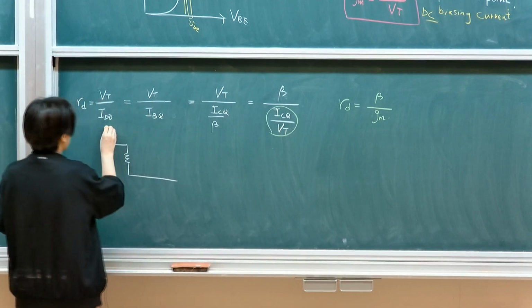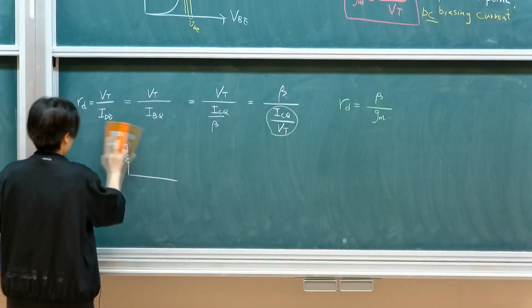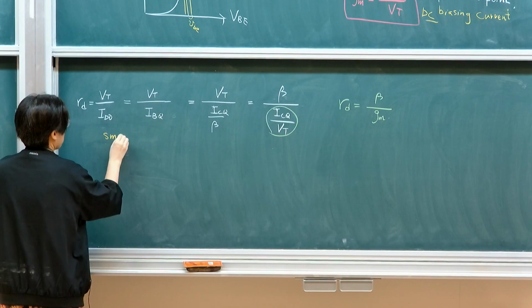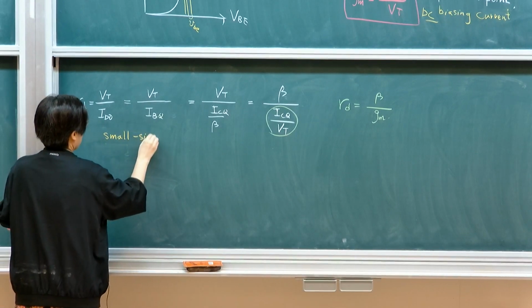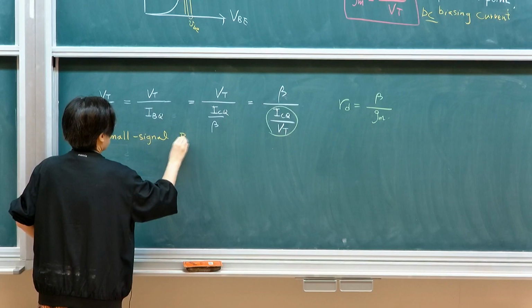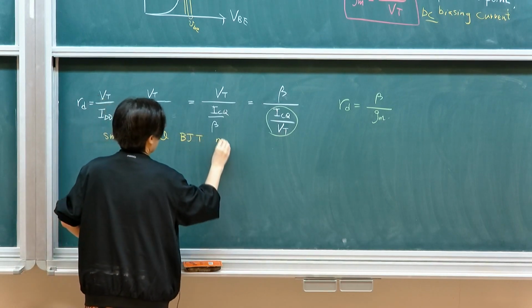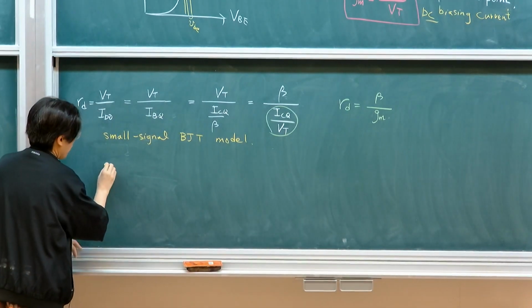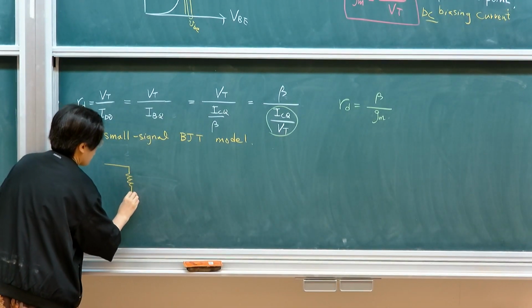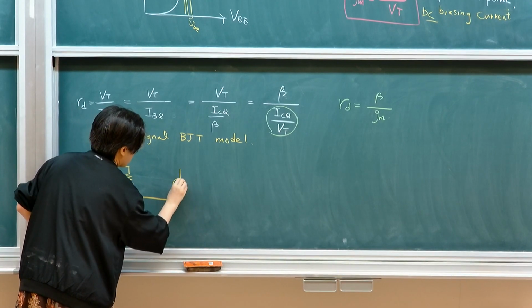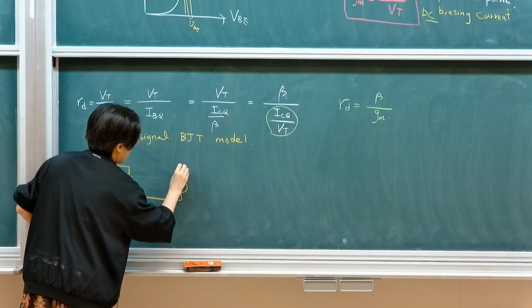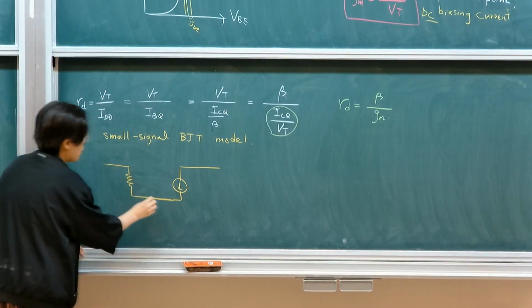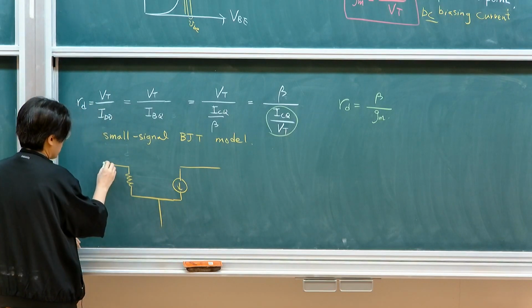So the BJT small signal model will look something like this. You simply have a voltage controlled current source controlled by the voltage across this terminal.